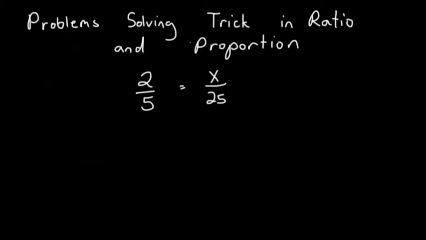Okay, so let's start. Let's say you have 2 is to 5 is equal to x is to 25. What you have to understand first is that what it means is that the ratio 2 is to 5 is equivalent to another ratio, and that ratio is x, which is an unknown number, is to 25.